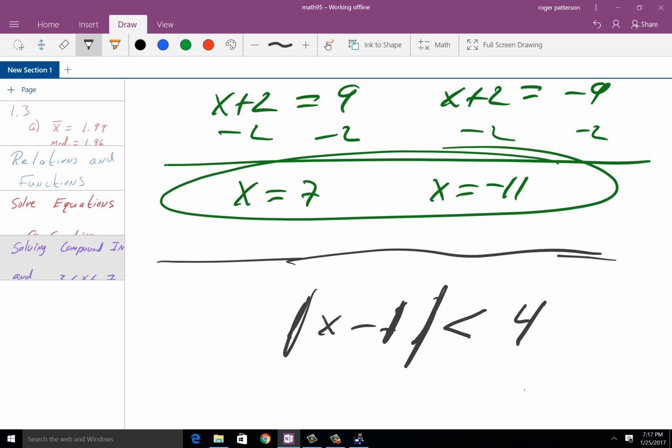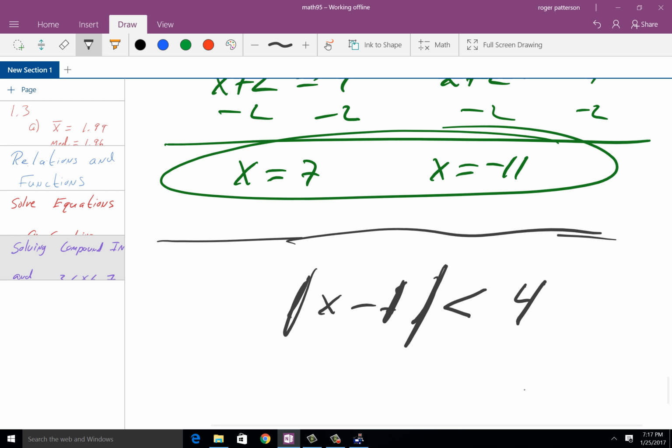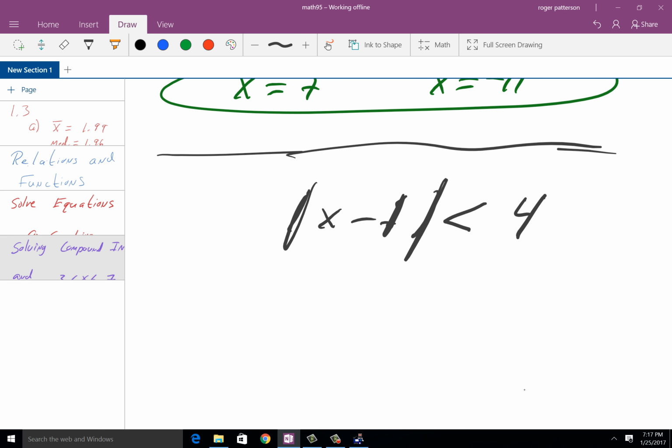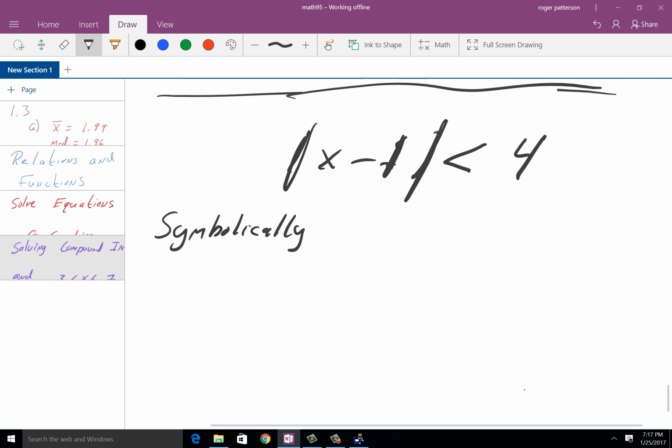On the negative side it's not that way, because 5 is smaller and 3 is greater. So when we split this up, we have to take that into consideration.